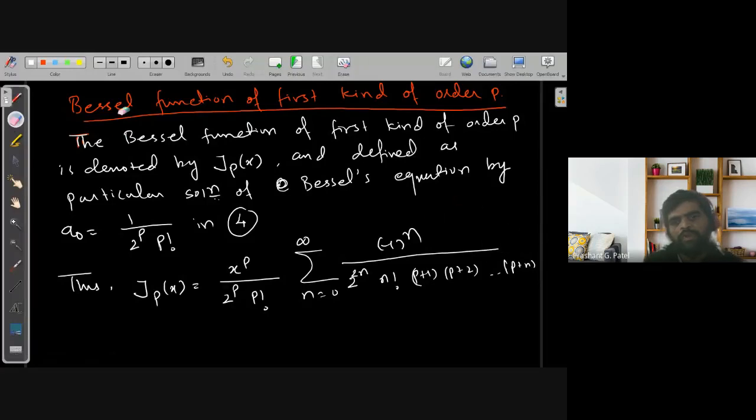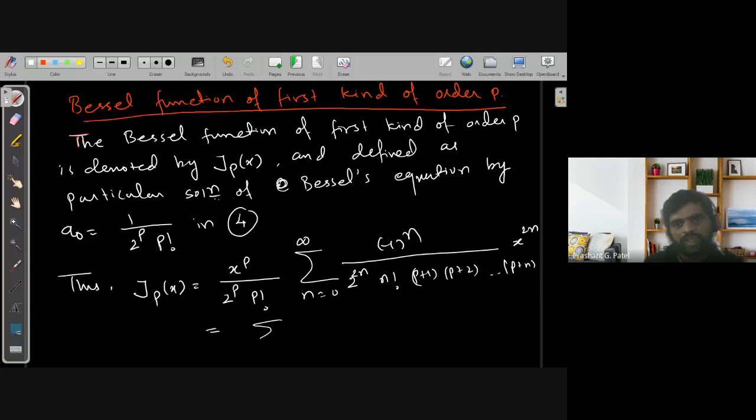But what is this gives you p factorial into p plus 1, p plus 2 up to p plus n. So it is exactly 1 into 2 into 3 up to p, and then p plus 1, p plus 2, p plus n.